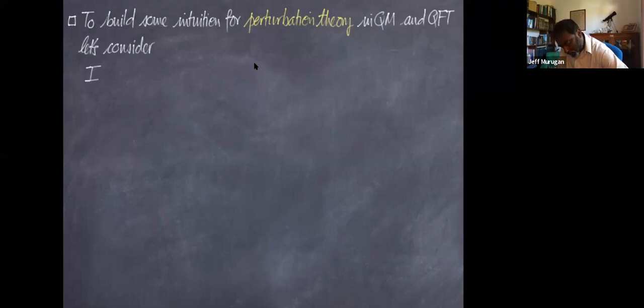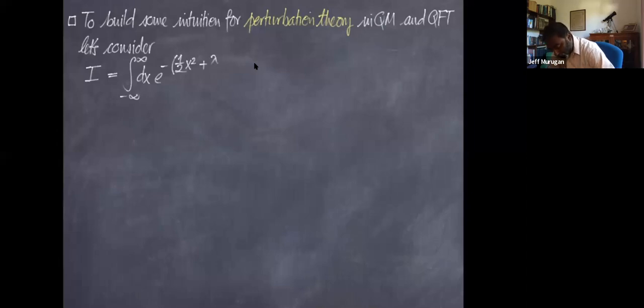I'm going to call it I, and I is very simply the integral from minus infinity to infinity of e to the minus, a half x squared plus lambda over 4 factorial x to the 4.